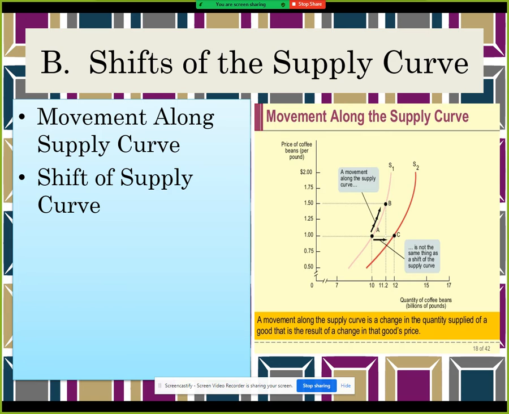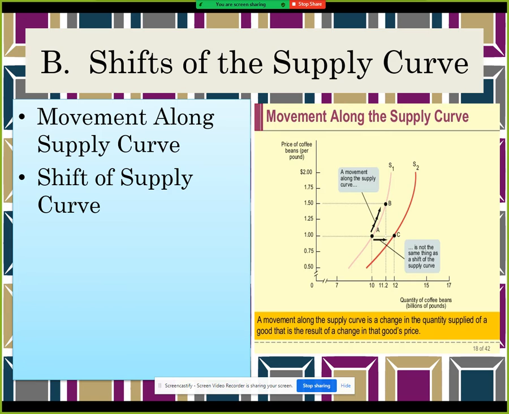It's not just a change in the quantity supplied, but supply itself is changing. It is shifting, either to the left or the right. We'll talk about that part of it in just a second. And this is because of some other external factor, something other than price. Some other external factor, something other than price, is causing supply itself to change.